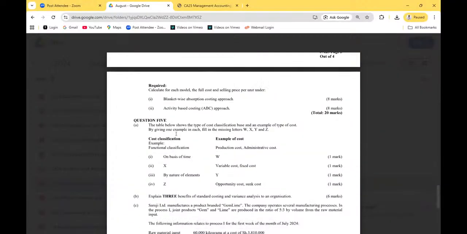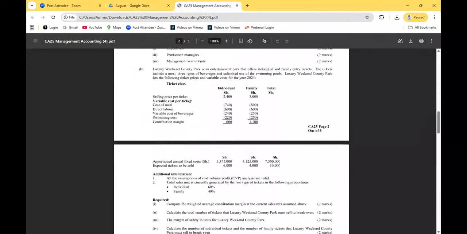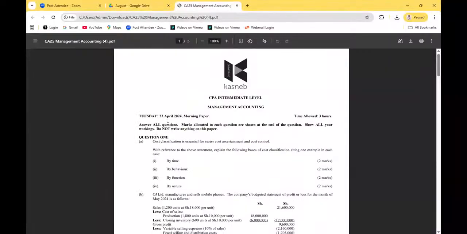The table below shows the type of cost classification based on an example. By giving one example in each, fill in the missing letters W, X, Y, and Z. Look at our April 2024 question, question number 1A.